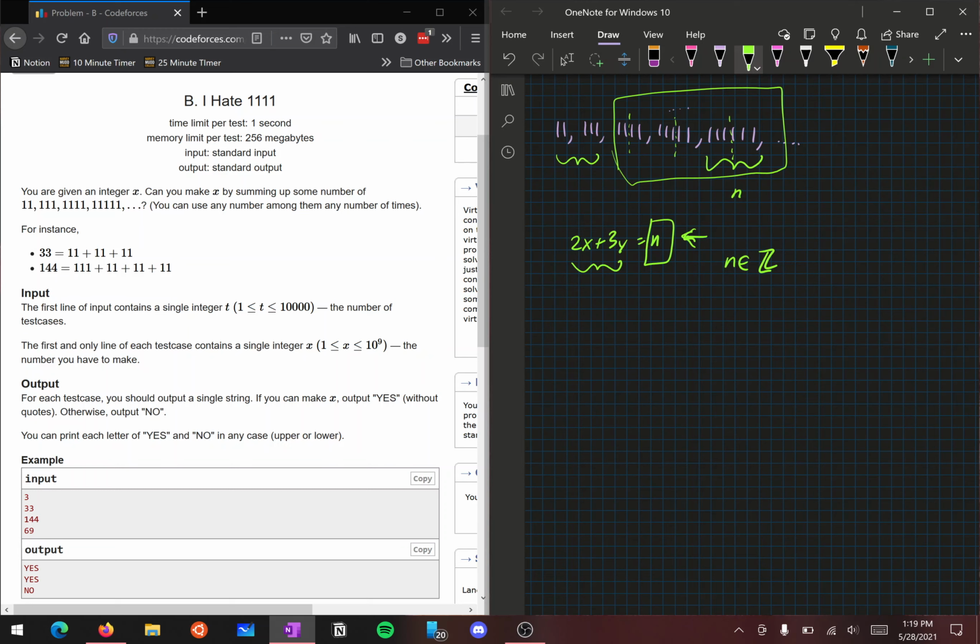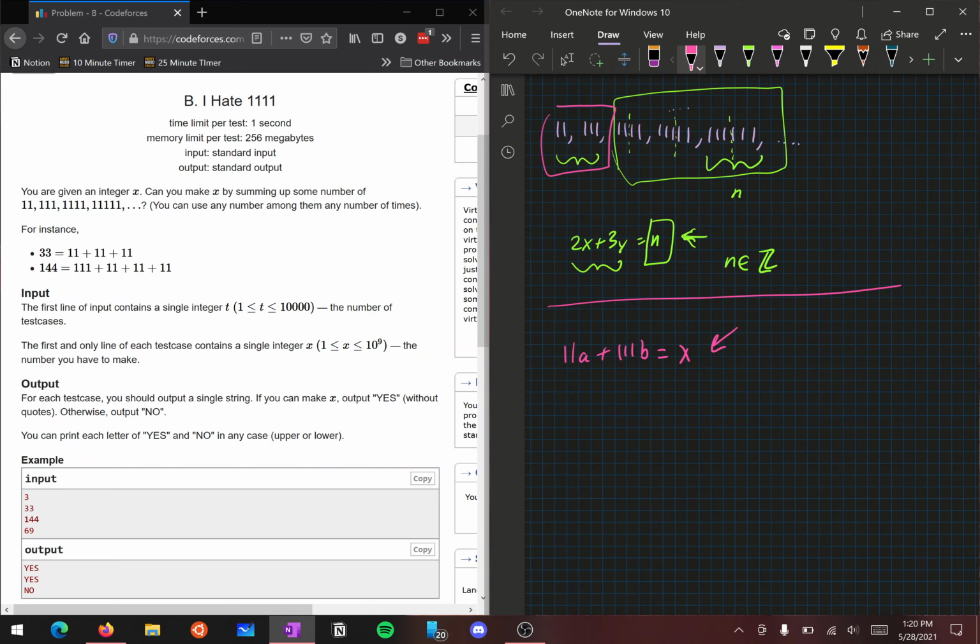So I think that's the most important step to take, because the rest you can just compute, right? The crux of the problem lies here. Now that I know that I can represent any sequence of 1s, this problem really just boils down to: if I have the number x, can I do 11a plus 111b equals x, right?